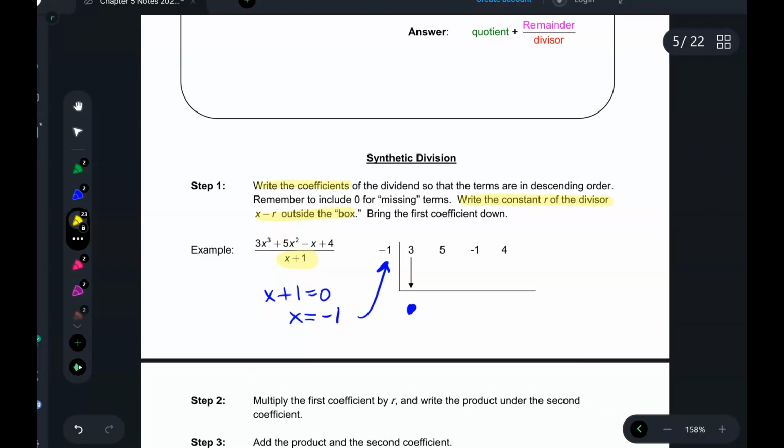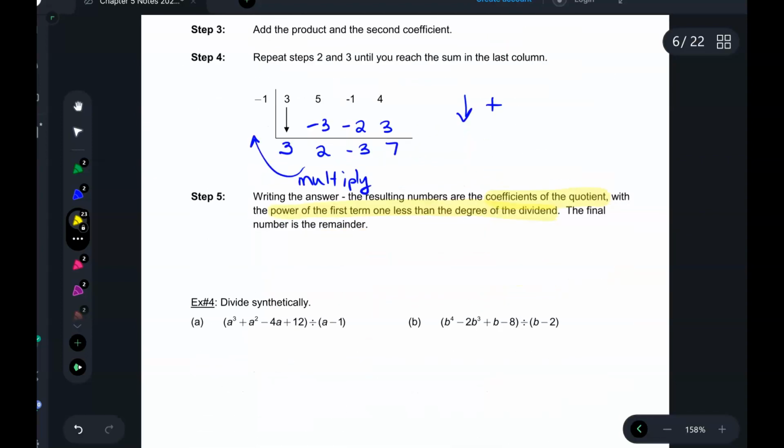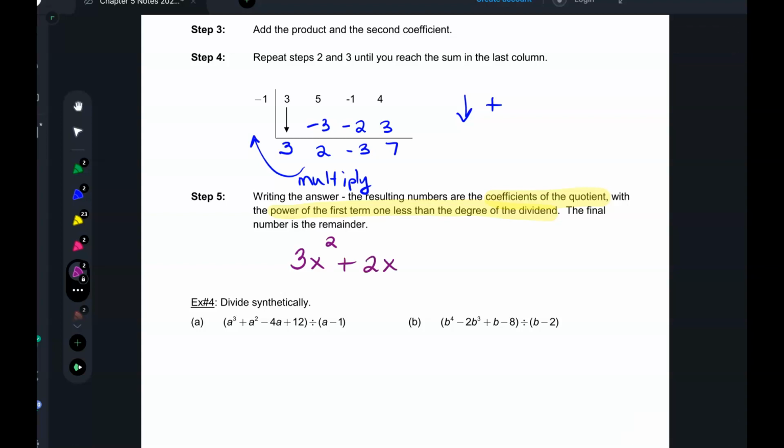Notice we started with an x cubed, so it's going to be 3x squared. This is our next coefficient, plus 2x. This is our next coefficient, which is really not minus 3x, that would be x to the 0 power, that's our constant.